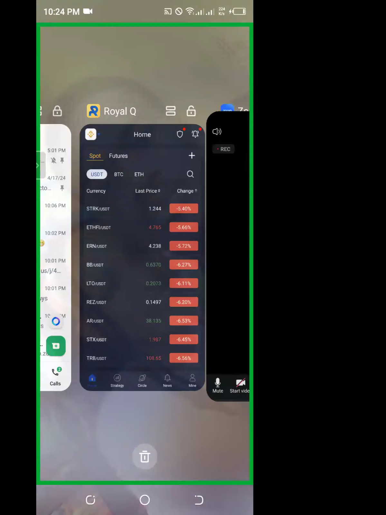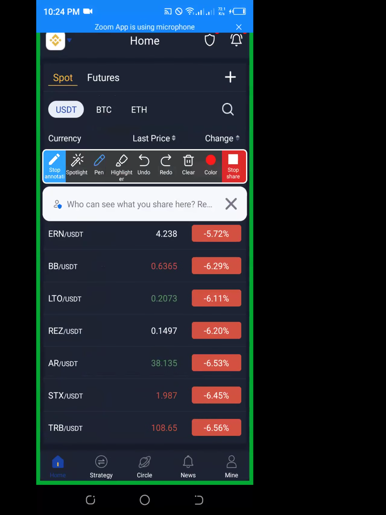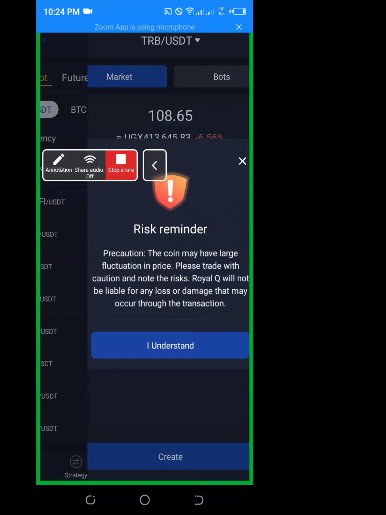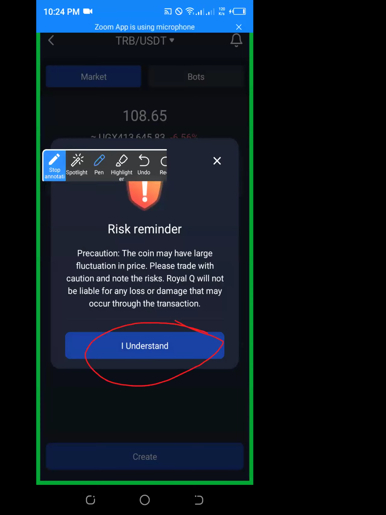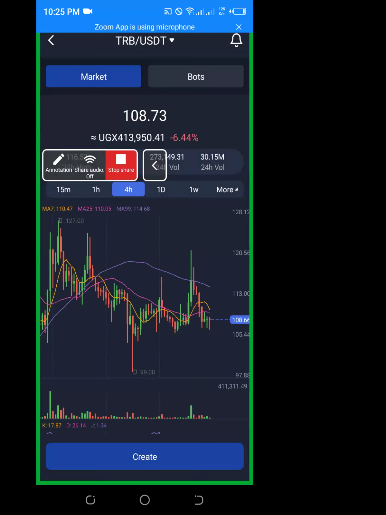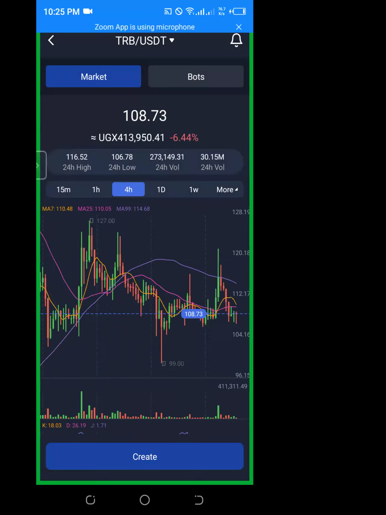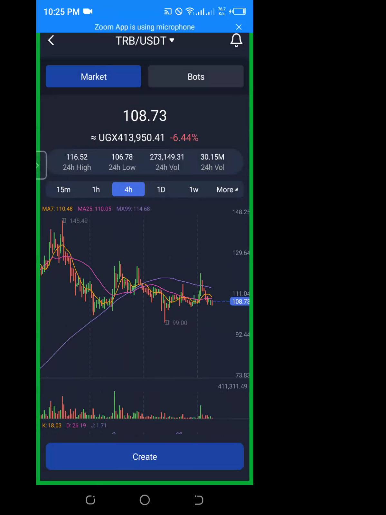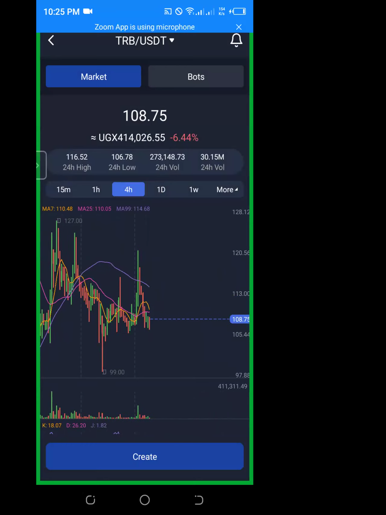Okay, come here. Now you tap on this coin like this, then come to I understand. When you come here, you are going to squeeze these candles a bit so that you get a support.